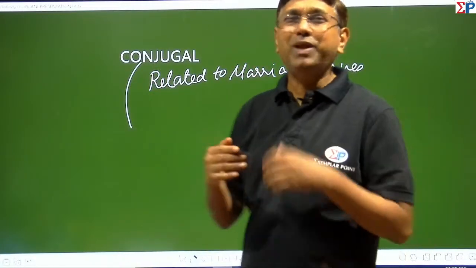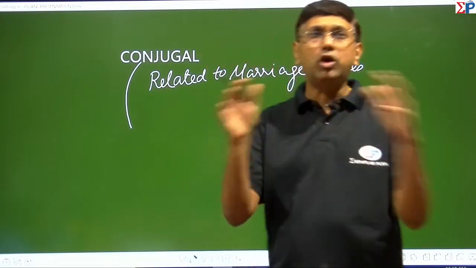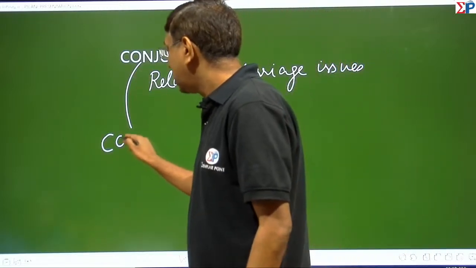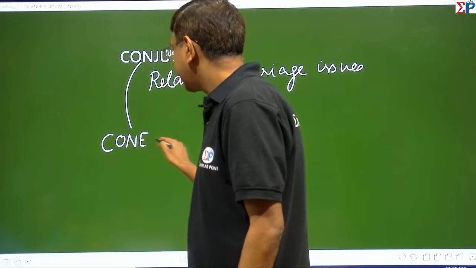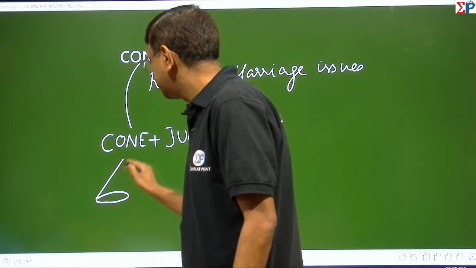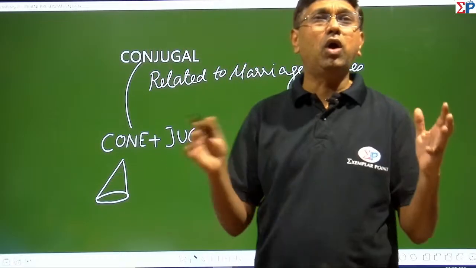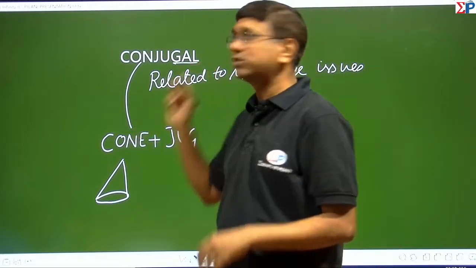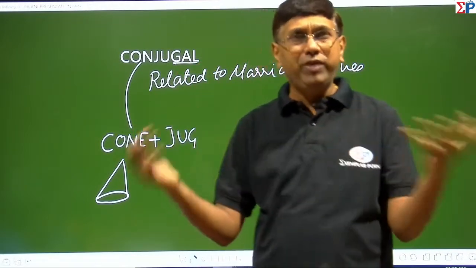Conjugal. Normally we say जुगल बंदी, but we will not use that as it does not have an image. So what do we do, we make it cone, guys, plus jug. You know what is a cone? Cone and jug are both lonely, saying no girl is interested in marriage with us, so why don't we get married?